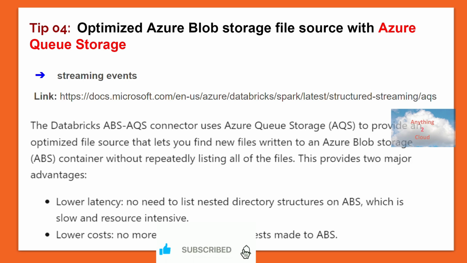One is low latency and no need to list nested directory structure on ABS, which is slow and resource intensive. Next one is lower cost and no more costly list API requests made to ABS. So for example, if you have streaming events and you want to efficiently utilize this storage, we can use Azure Queue Storage. This will provide low latency and low cost.